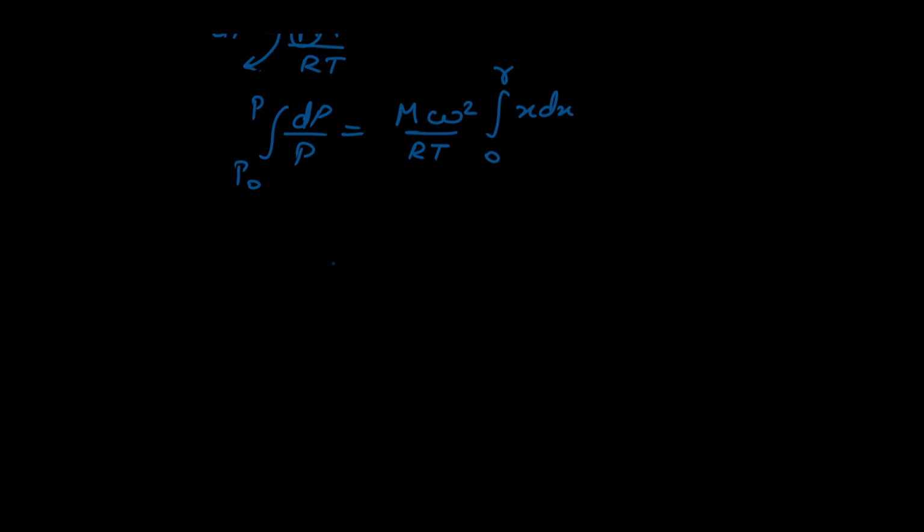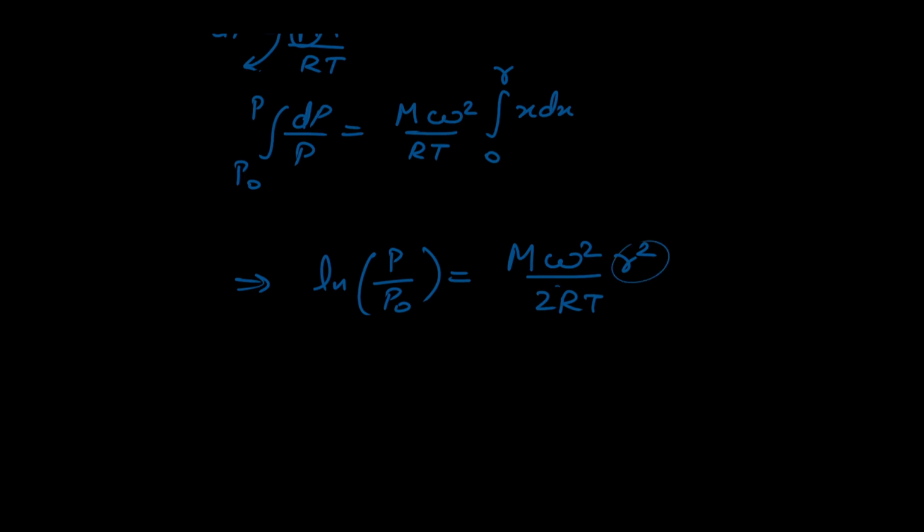Upon integrating this, we get the natural log of P over P naught equal to m omega squared by 2RT times r squared. We just integrated this, and that's where the 2 came from.